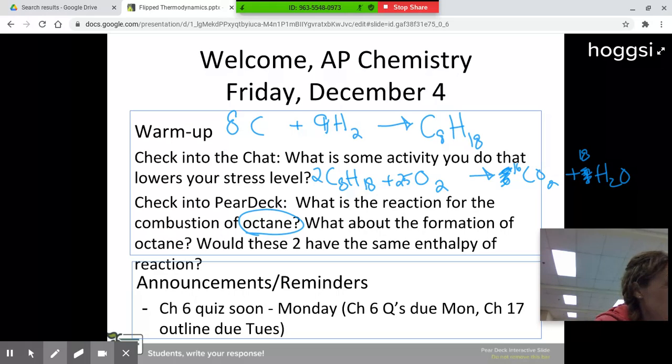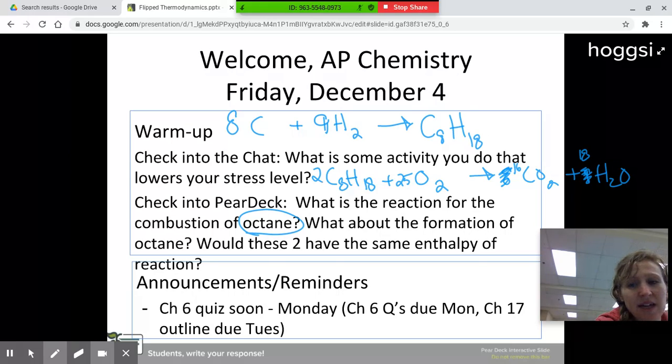So does that answer questions about combustion? Anytime you write a combustion reaction, you should always have something reacting with oxygen. And the products are always carbon dioxide and water, unless they tell you it's an incomplete combustion.